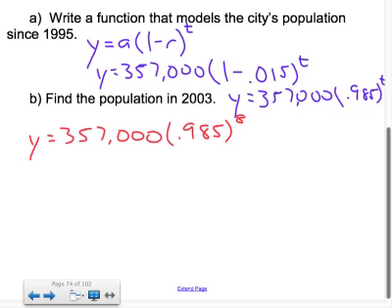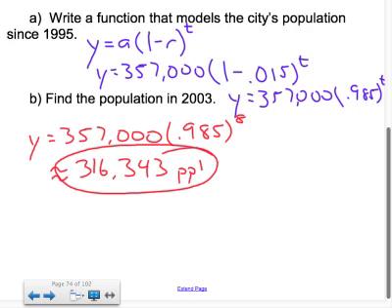So we plug in 357,000 times 0.985 raised to the 8th power, and we get the population to be roughly 316,343 people. Okay. So in 8 years, you've lost almost 40,000 people. Actually, you've lost over 40,000 people.